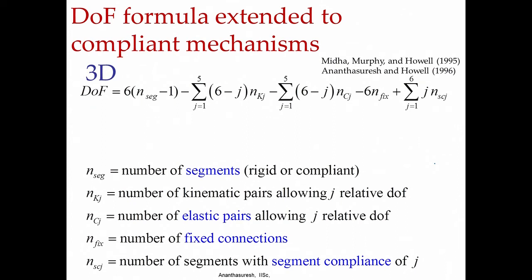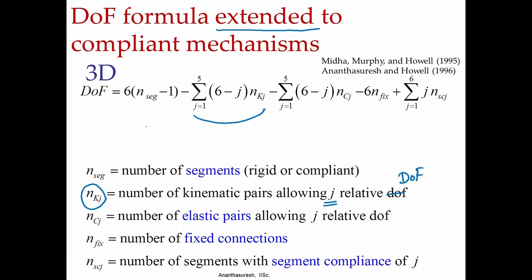Now, let us look at that extended to compliant mechanisms. So, we understand this part. Now, instead of calling F1, F2, F3, we are using NKJ, that is the number of kinematic pairs or kinematic joints that allow j relative degrees of freedom, DOF.